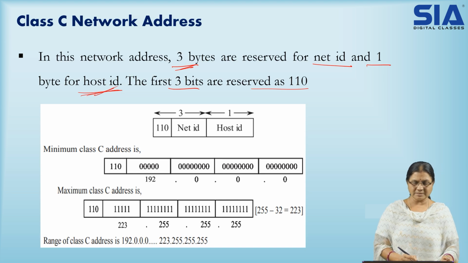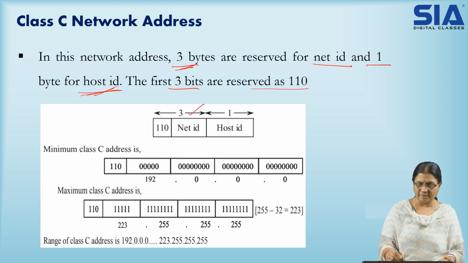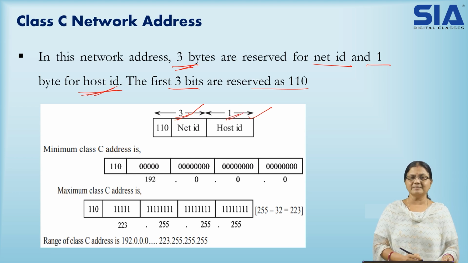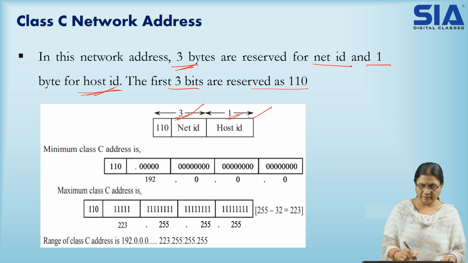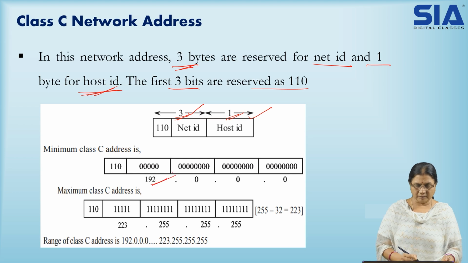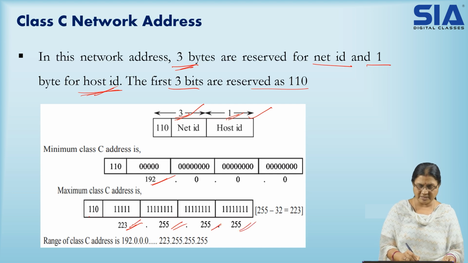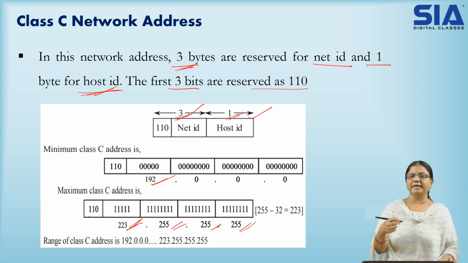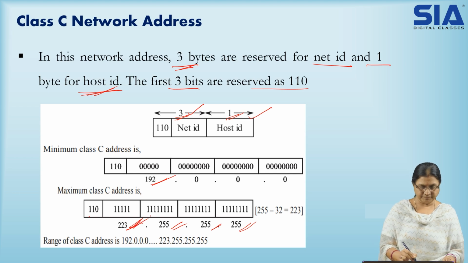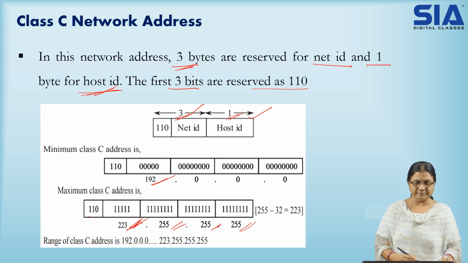The minimum class C address is 192, and the maximum is 223.255.255.255. So as the network bytes increase, the range changes accordingly.